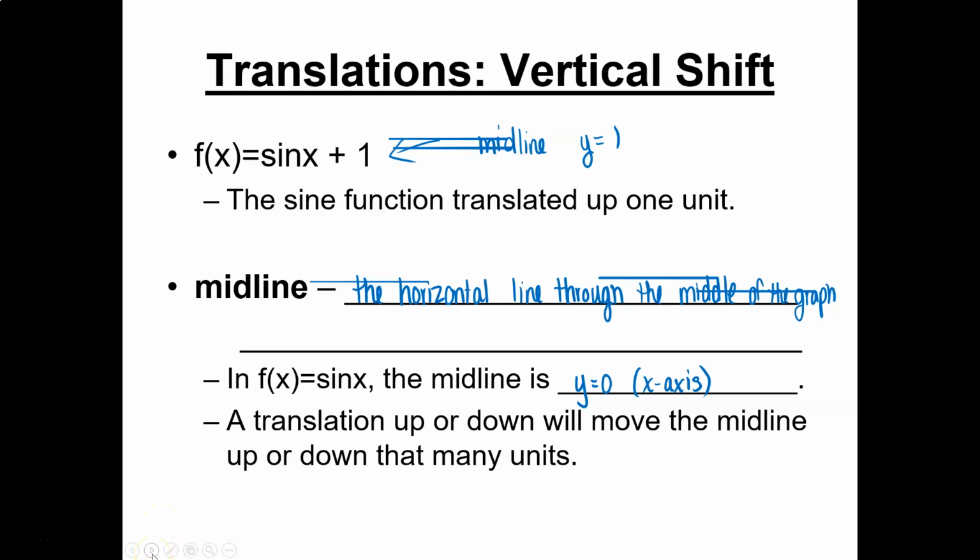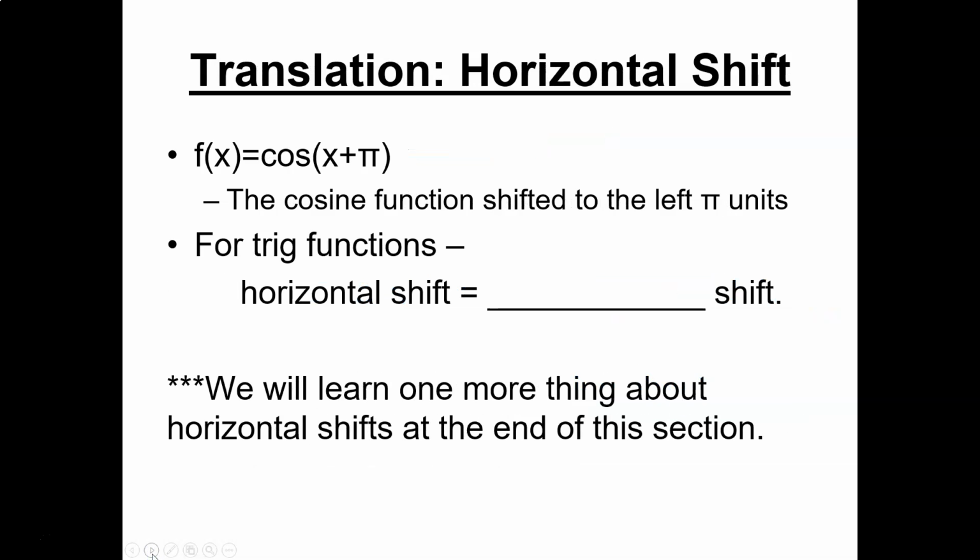Okay, questions? All right. Horizontal shifts. For horizontal shifts, if I have something like f of x equals the cosine of x plus pi, this would be the cosine function shifted to the left pi units, right? So for trig functions, horizontal shifts, we call them phase shifts.